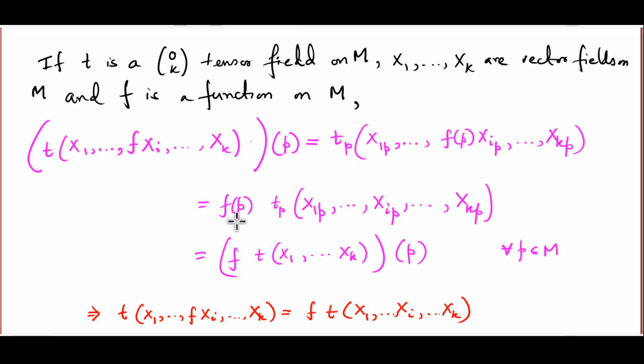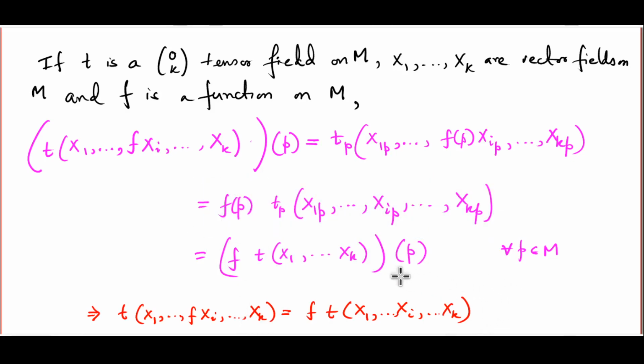And that is, by definition of a multiplication of a function by a tensor, the same as f of T with arguments x1 through xk at the point P. Note that this expression, f of T x1 through xk at the point P, is by definition f of p times T x1 through xk at the point P, and that exactly is this times the f of p.